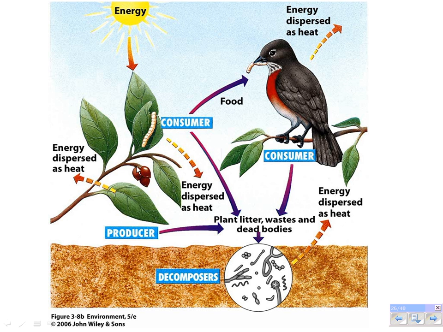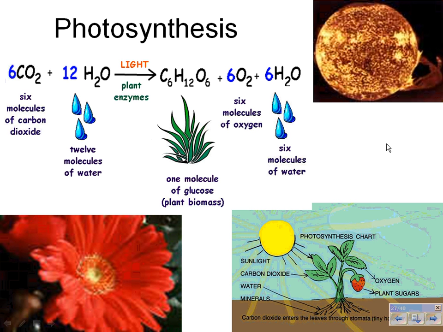We have our leaves here, which contain our chlorophyll, that green pigment, and our chloroplasts. You probably remember the intricacies of photosynthesis from biology. Good equation to know for photosynthesis. So again, this energy is originating from the sun.